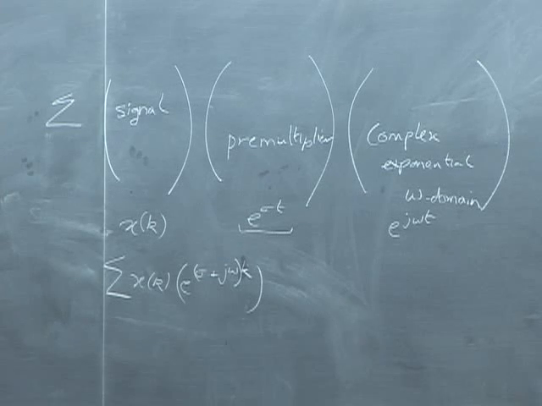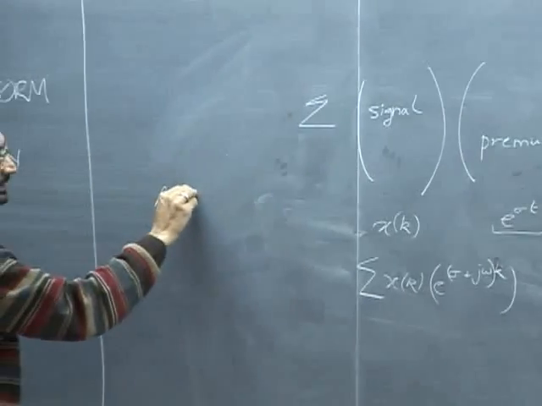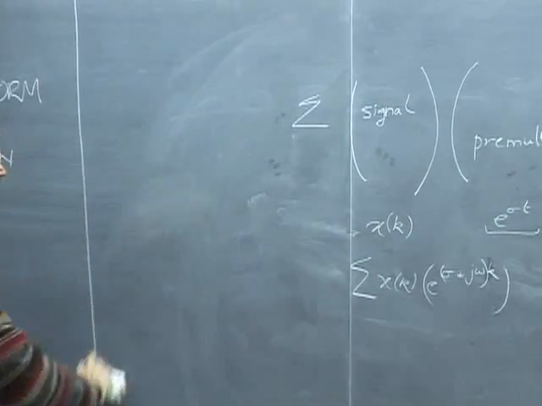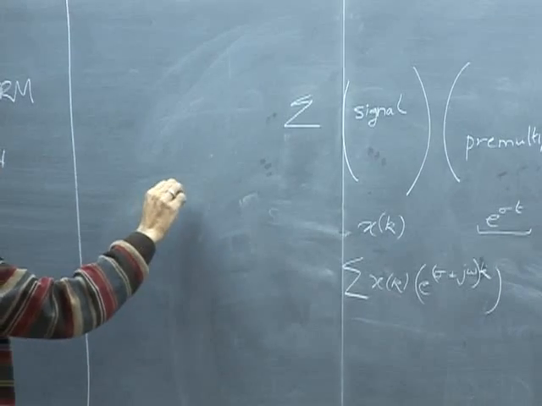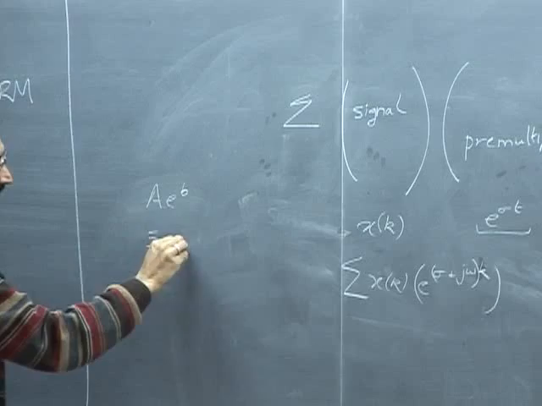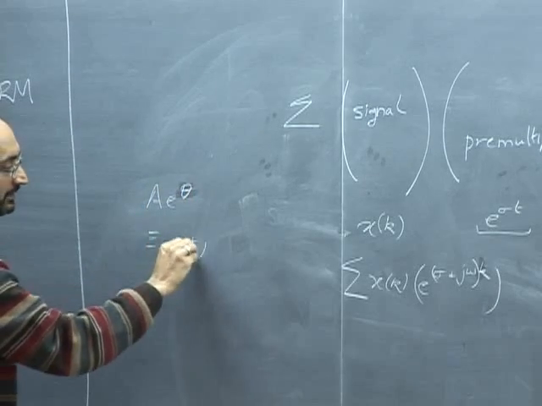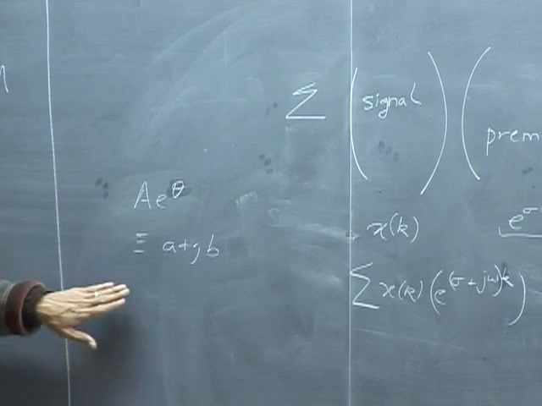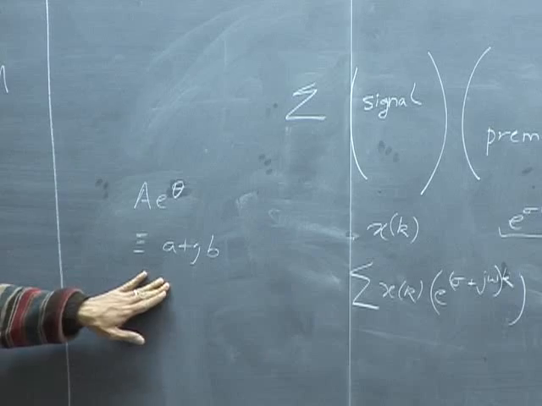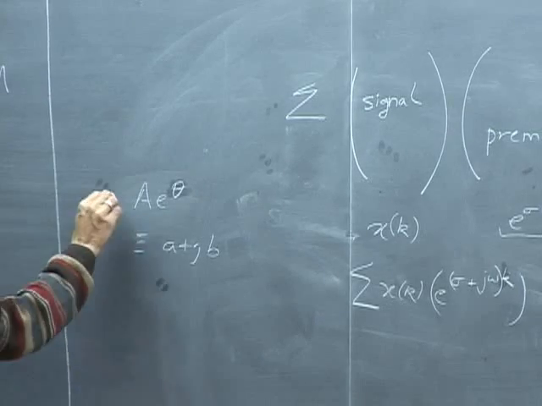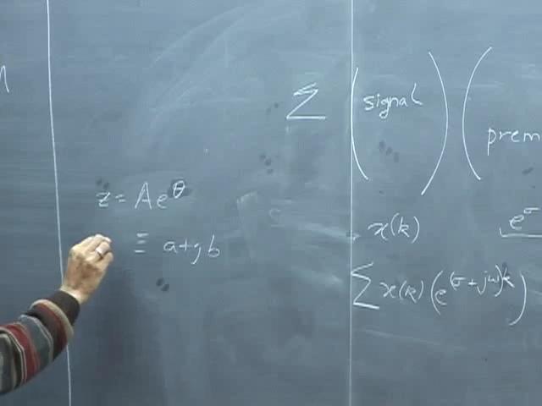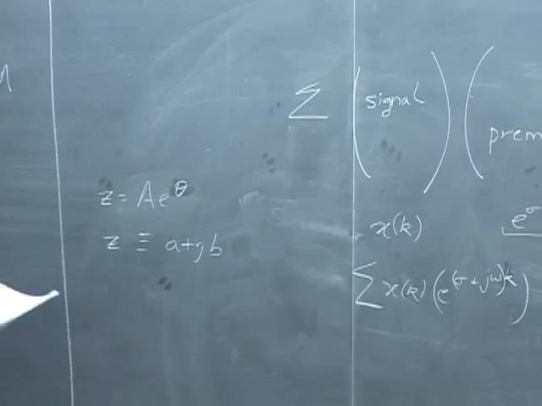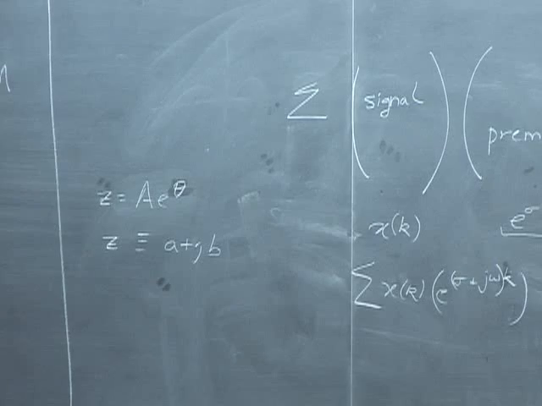However, we know that any e to the a times e to the jb is equivalent to a plus jb, right? So anything in exponential form can be written in the a plus jb form also. And if you were to write z equals r e to the j theta, then the same z can be written as a plus jb as well. There's no particular reason why you have to write it in one form or the other, since they're equivalent.